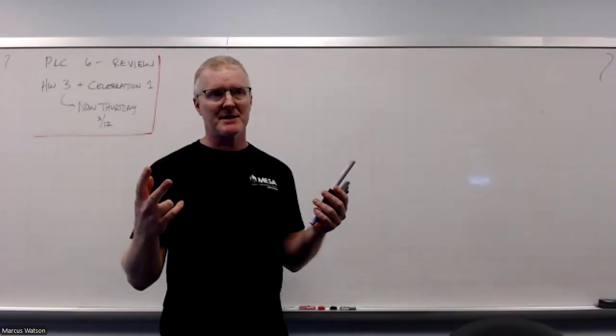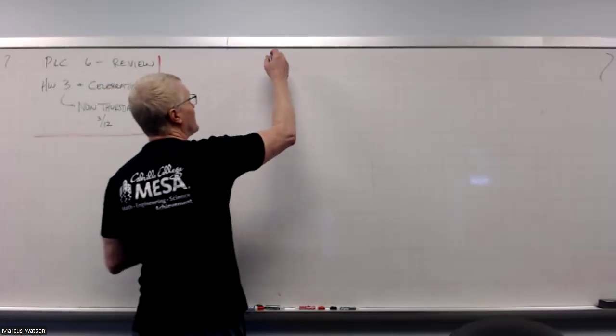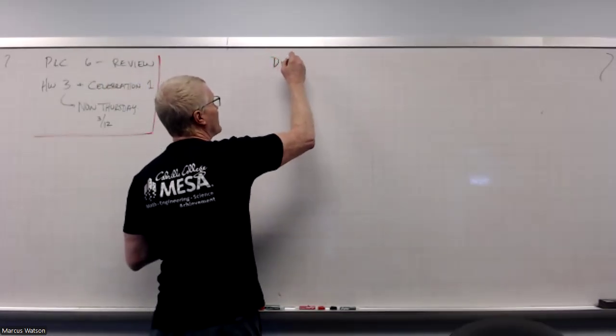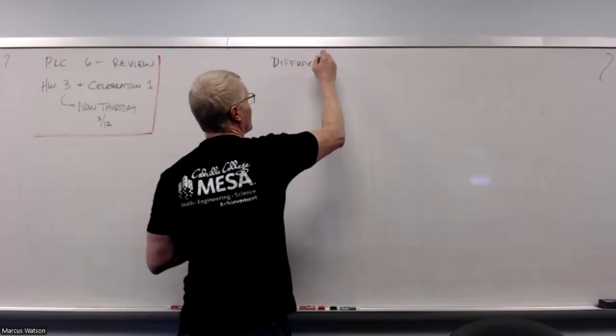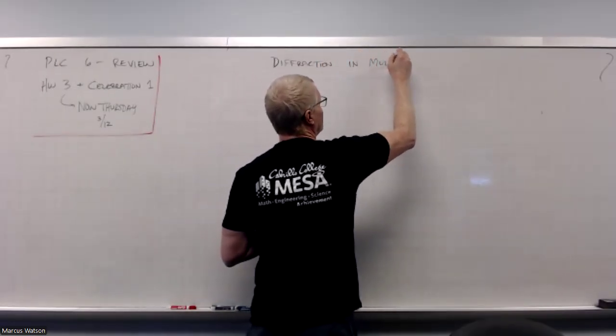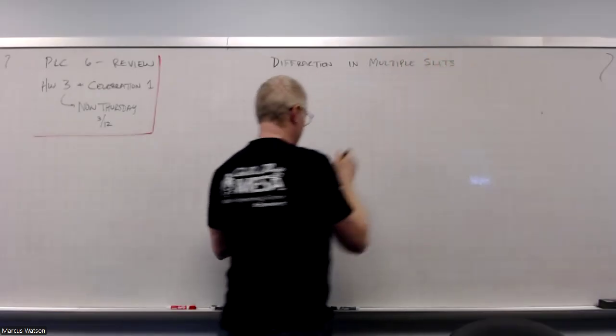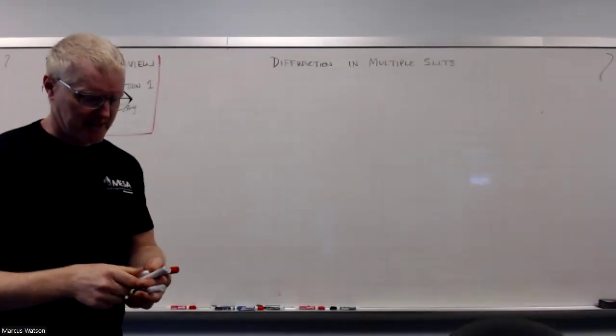So instead of two slits, let's go to three slits. All right, and let's take a look and see what happens when we think about the interference or diffraction, if you like, in multiple slits.